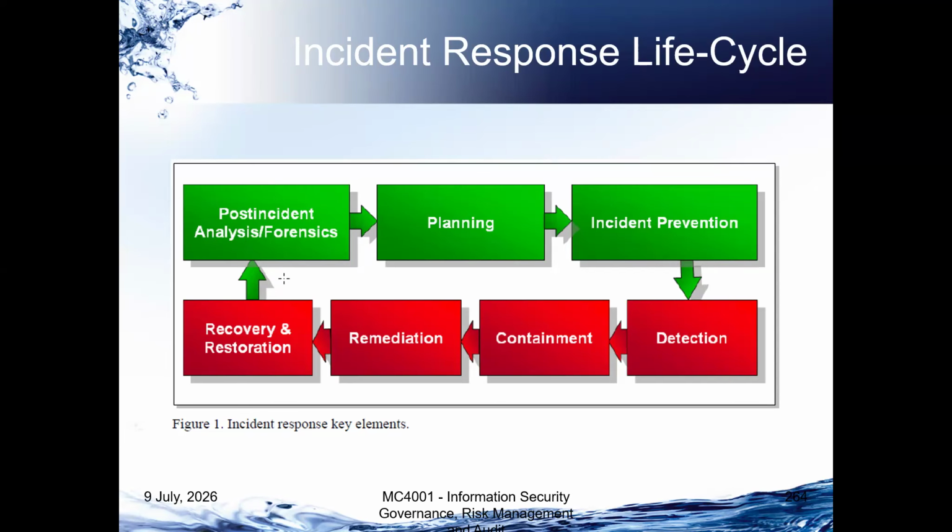Detection, containment, remediation, and recovery and restoration are closely interlinked, and there is urgency in those four reds. But in the green ones, you have a bit of time, and they are deliberately designed to make you think: if an incident has happened, how do I prevent it from happening again? How do I remediate? And how do I prepare the next time to do a better job?